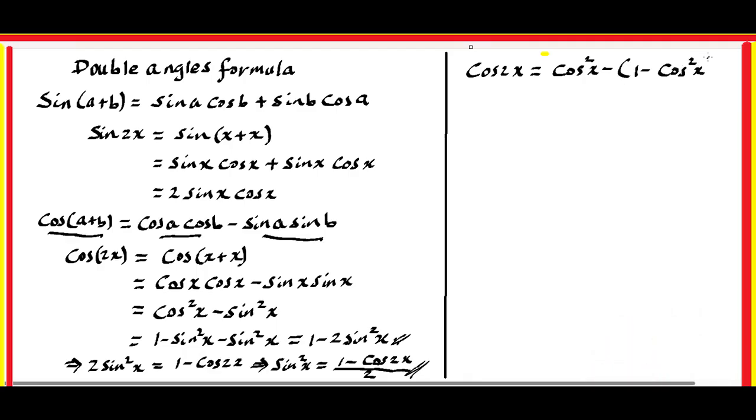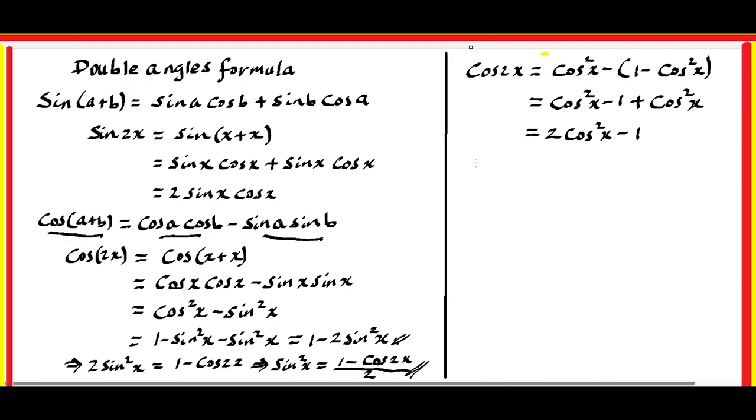Cos square x minus, in brackets, 1 minus cos square x. The negative sign distributes over the bracket: cos square x minus 1 plus cos square x. So cos square x plus cos square x, 2 times cos square x minus 1.